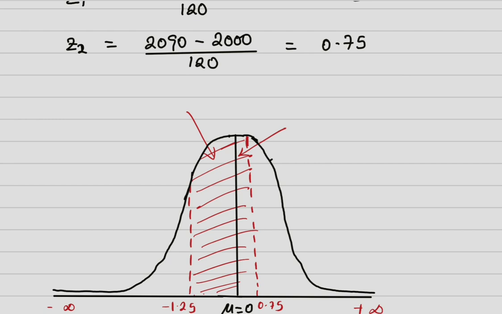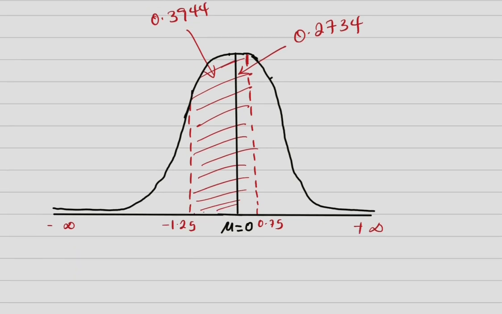Now recall, in the first and the second question, I've shown you how to actually find the area. All right. So if you go to the table to find the area at this 1.25, you are going to find out that the area is 0.3944. We've done it before. Then at this 0.75, which we've done before equally, it is going to be 0.2734.